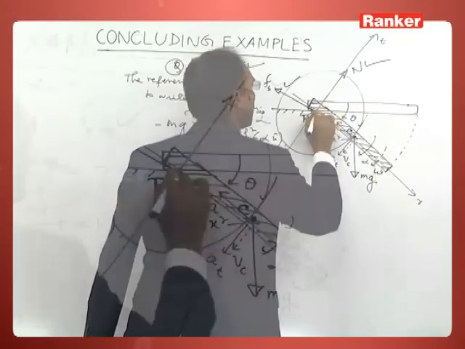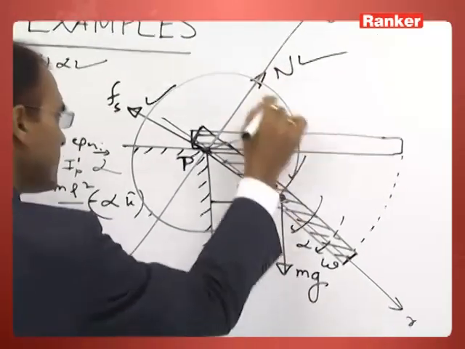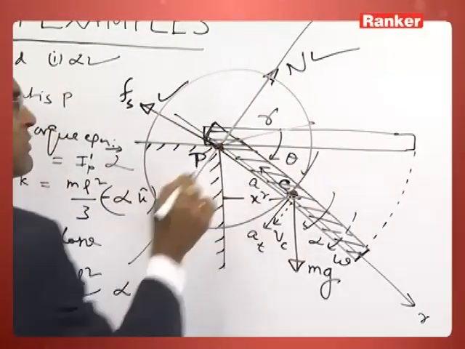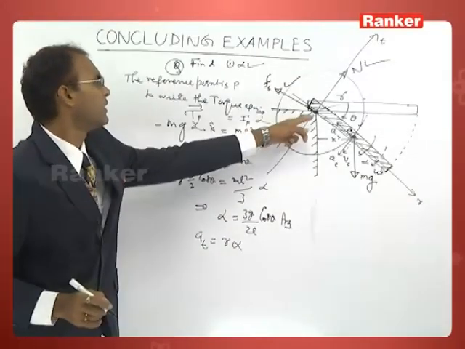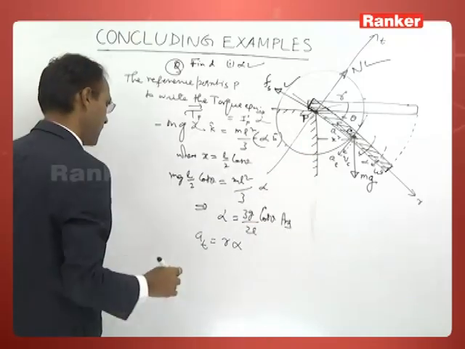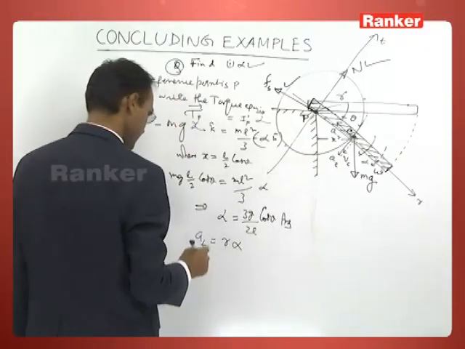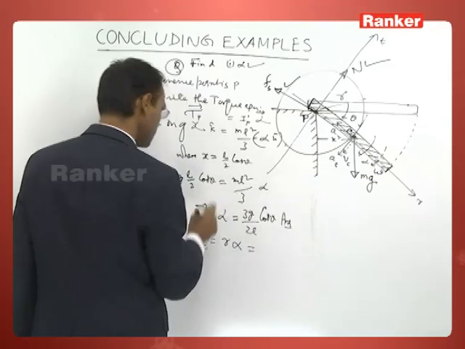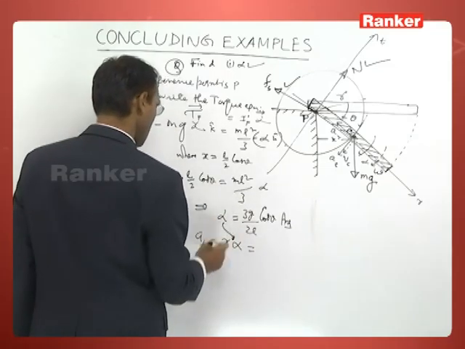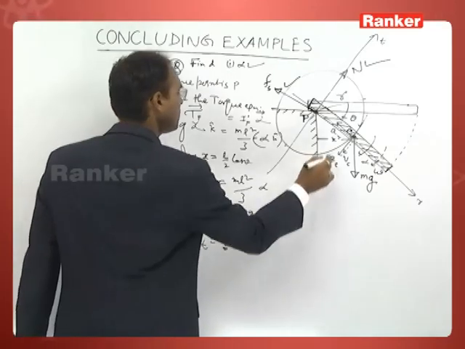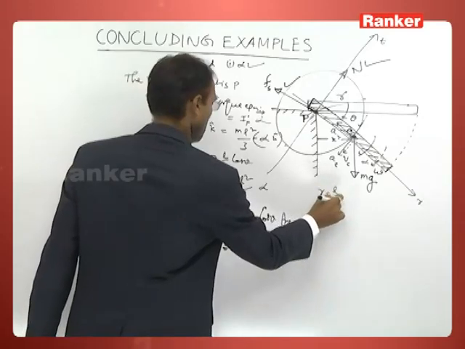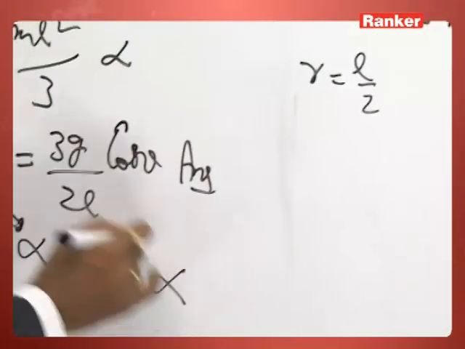R is the radius of the circular path, because the center of mass is moving in a circular path about this point, till the rod doesn't slide. You can put r is equal to L by 2, so that's L by 2 into alpha.